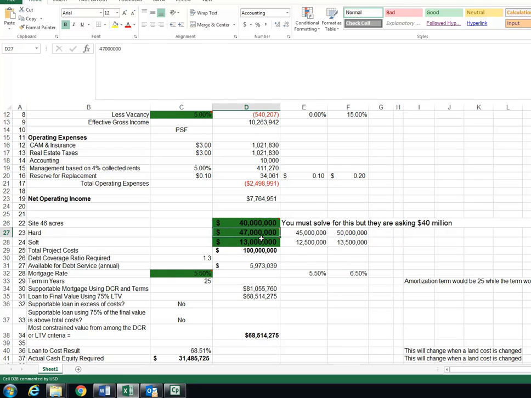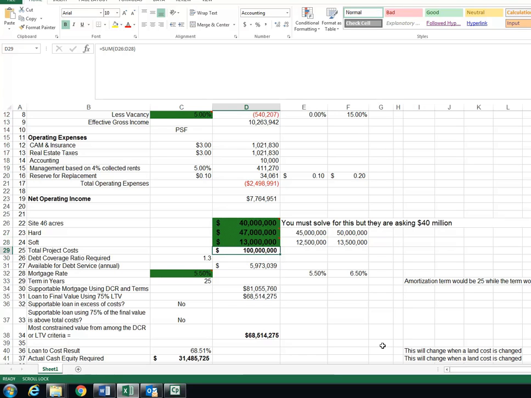We have soft costs, which would be detailed from our estimates of architecture and engineering, financing, carrying cost, legal fees. All of those type of costs would be in the soft costs, from $12.5 to $13.5 million. So we have a projected total cost of $100 million.